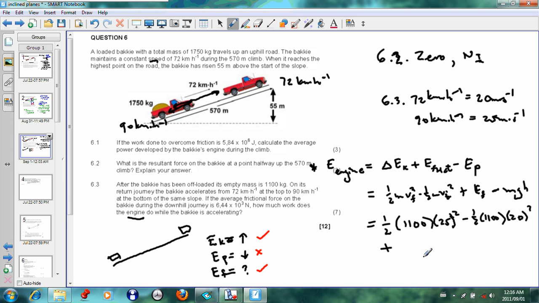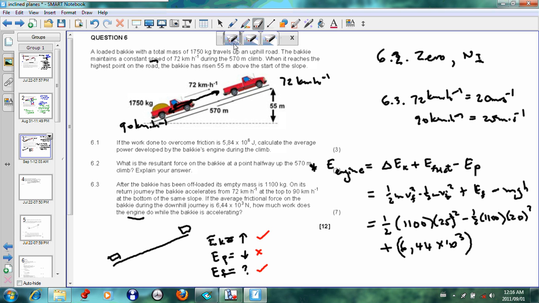Plus the engine has to overcome friction, which is 6,44 times 10 to the power 3, and that is just the force. So therefore your energy is equal to force times distance. So actually we should do this.